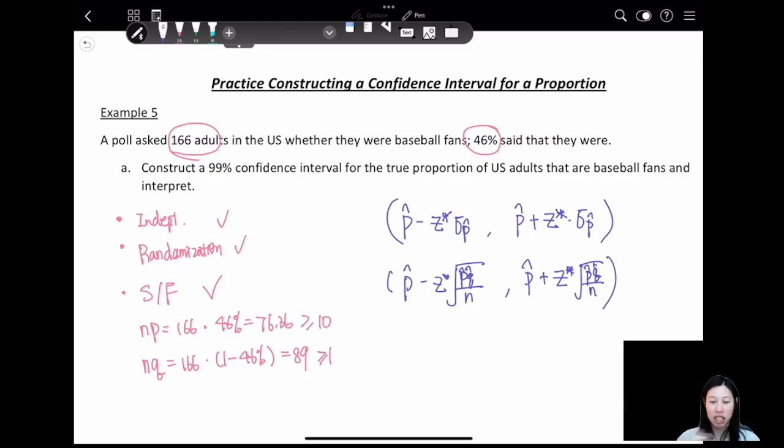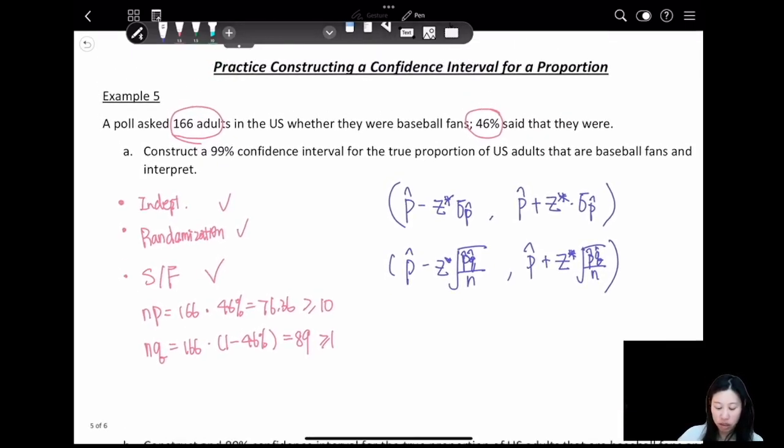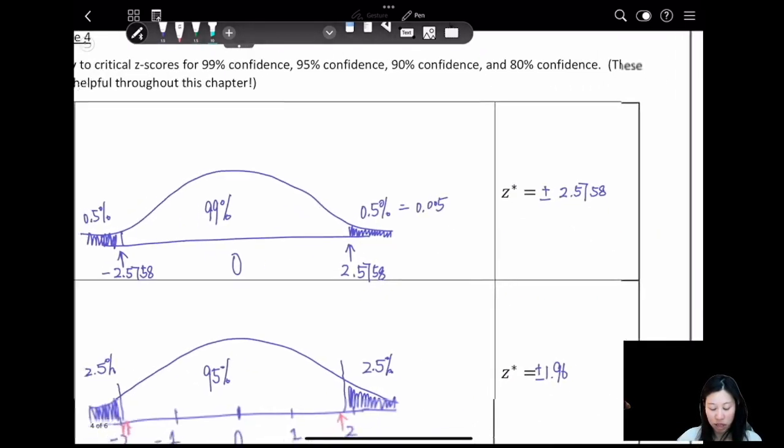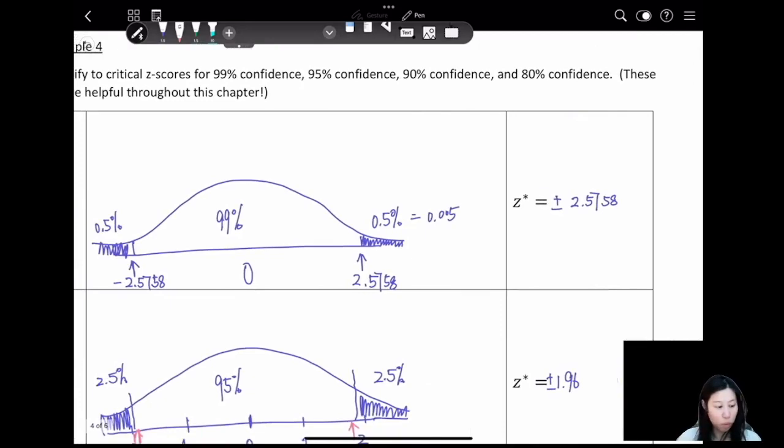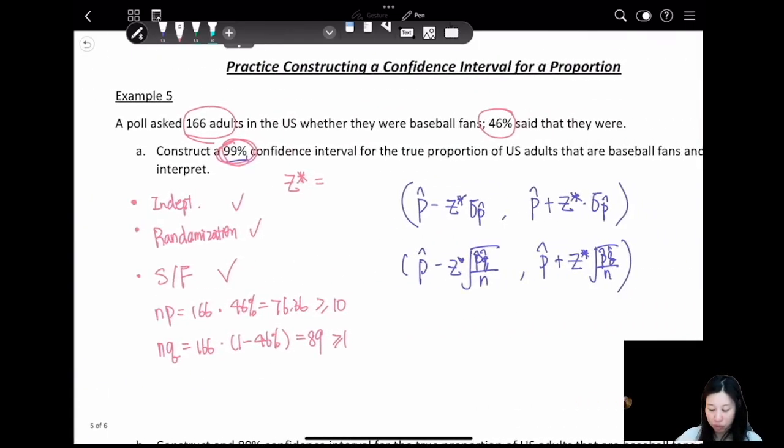Now we just plug in the numbers. Since we're constructing a 99% confidence interval, our z-score, which we found in our previous class, is 2.5758. And p hat is given, equal to 0.46.